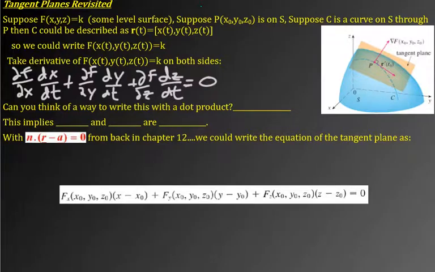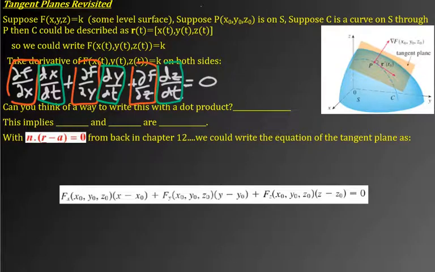So this thing that we have right here, we could interpret as a dot product. It has the perfect dot product structure of the red thing dotted with the green thing.